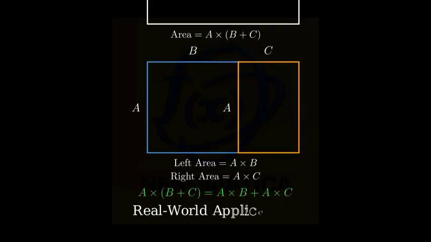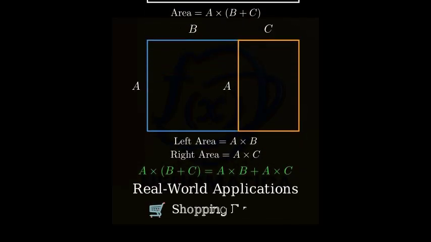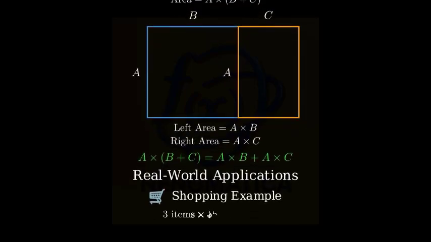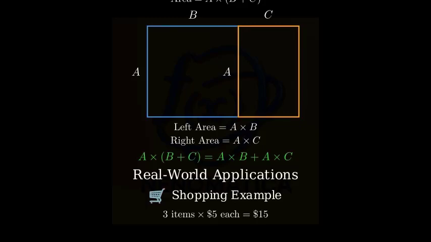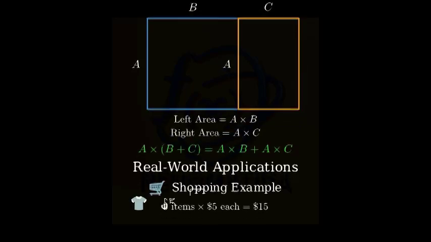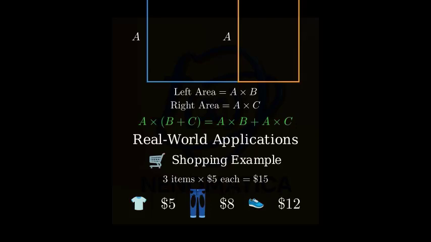For example, imagine you're shopping and want to calculate the total cost of 3 items that cost $5 each. You could calculate this as 3 times $5, which equals $15. But what if the items have different prices? Let's say you're buying items that cost $5, $8, and $12.